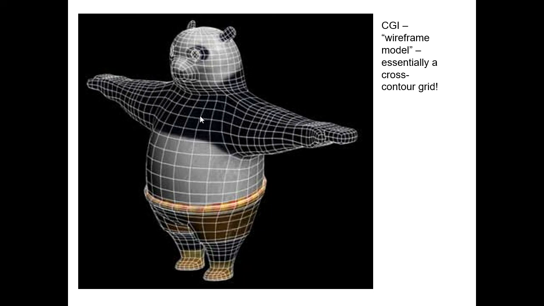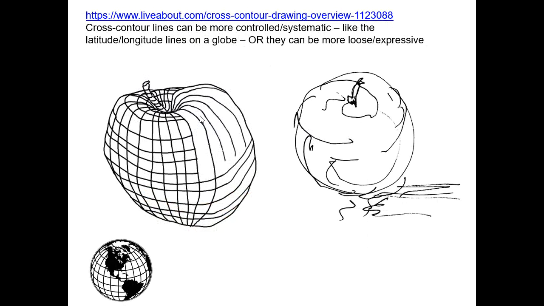There is a very literal grid that goes across his body horizontally and across his body vertically to show you the volumes. That's what you're trying to draw today. Now, I'm not expecting you to be a computer. You're a human being. So yours might be a little less measured than what you just saw. But take a look at those two apples. Can you see lines that go around them?